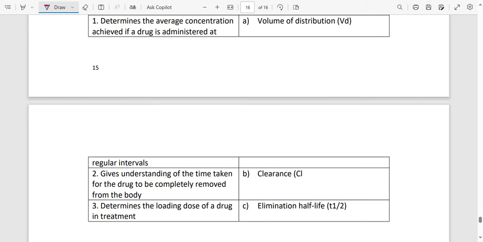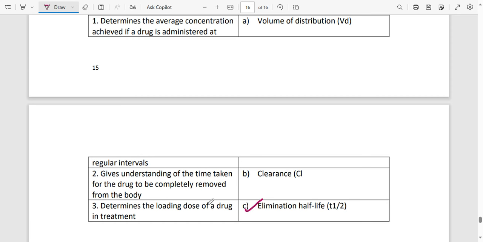Is that volume of distribution, clearance, or elimination half-life? Or we can start with the one that gives an understanding of the time taken for the drug to be completely removed from the body. What is that? The time taken for the drug to be completely removed from the body is elimination half-life.